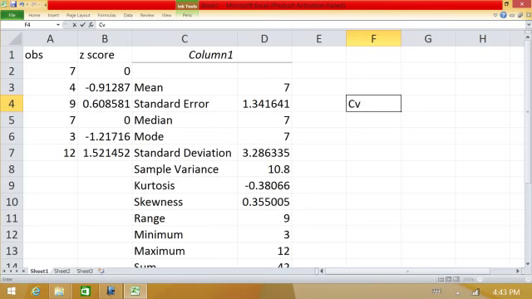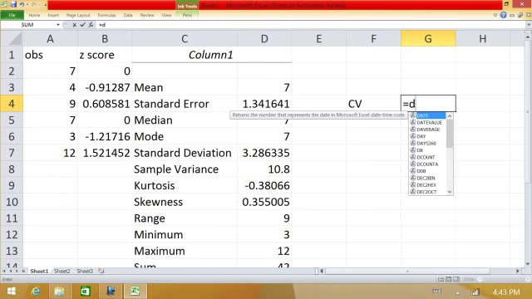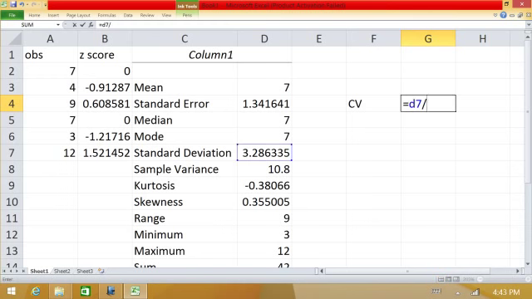Coefficient of variation is standard deviation, which is D7, divided by D3, times 100. So that will give our coefficient of variation as 46.94.